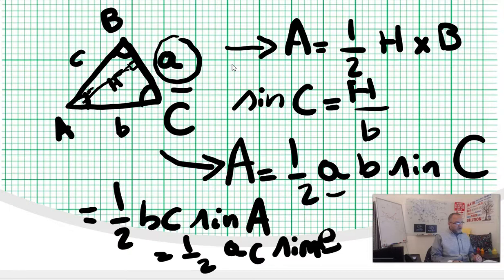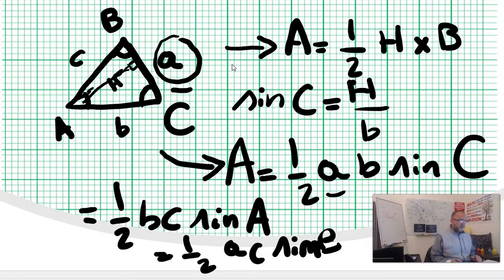If we take sine C and compare the opposite side, which is the height, the altitude, to the hypotenuse, which is B in this situation, we get H equals B times sine C. And our base is A, so area is going to equal half A times B sine C.